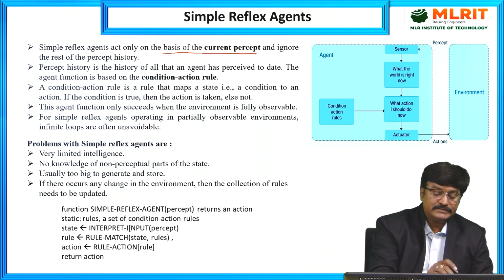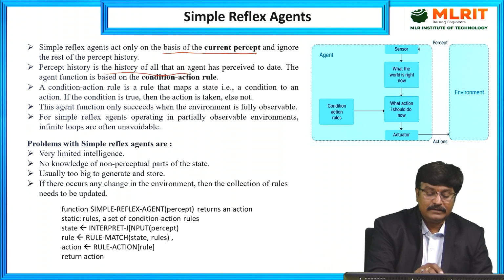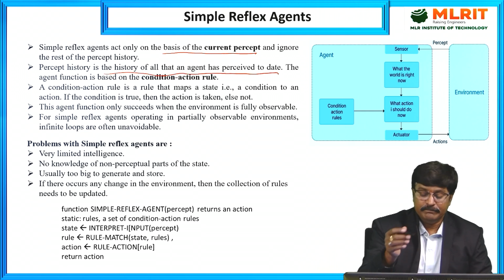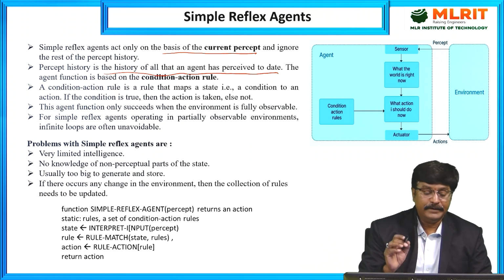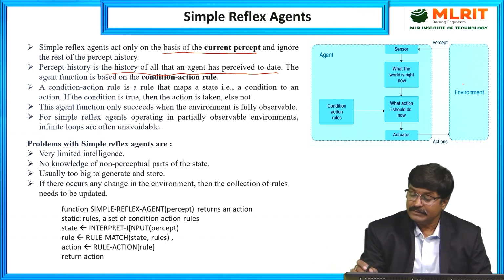Percept history means everything the agent has perceived up to date. The environment perceptions come in through sensors, and based only on the current perception, the action is taken.